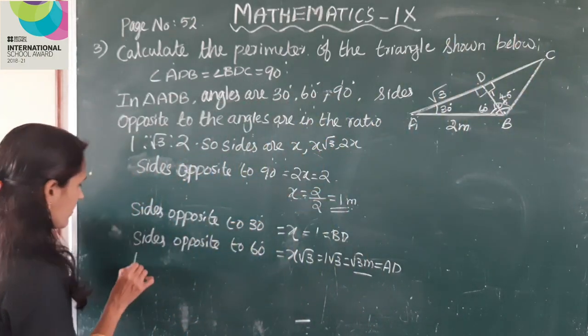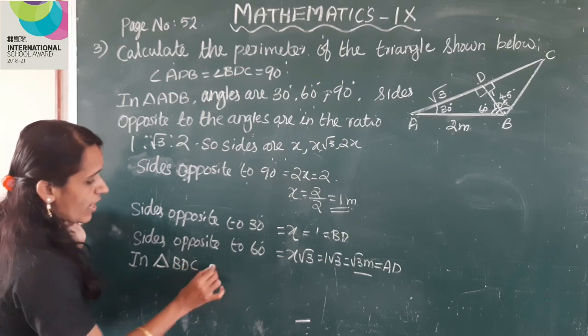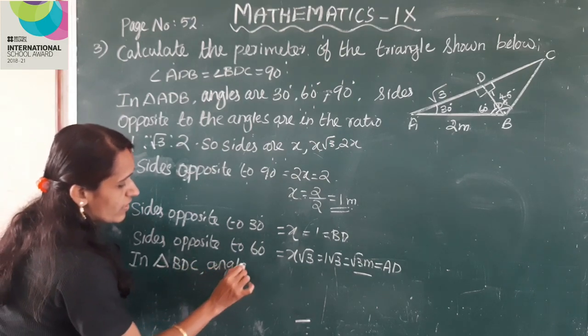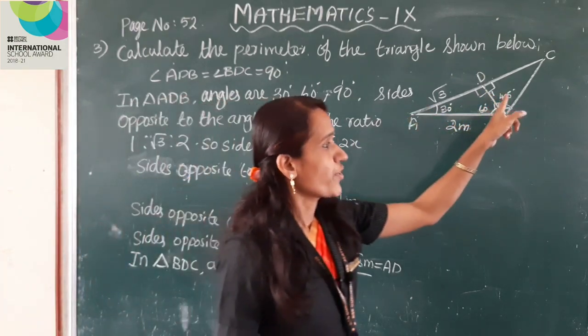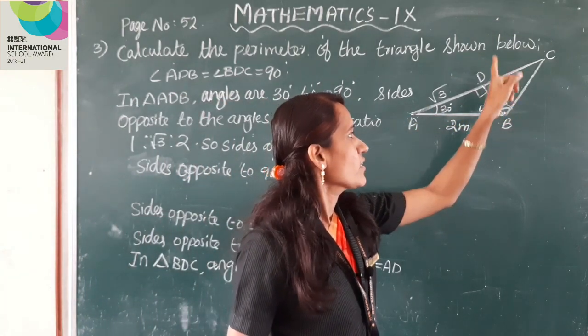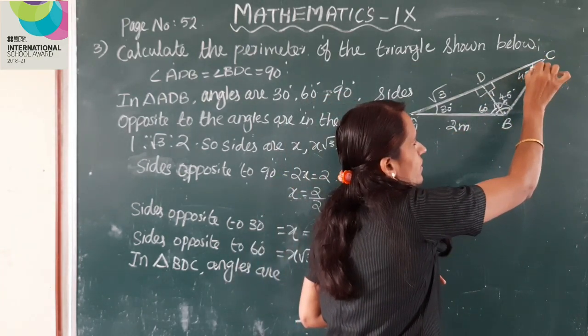In triangle BDC, angles are 45, 90 degree. So angle C is 45, right?